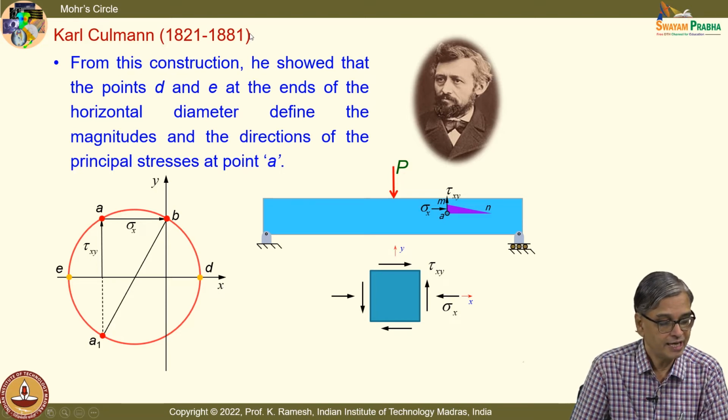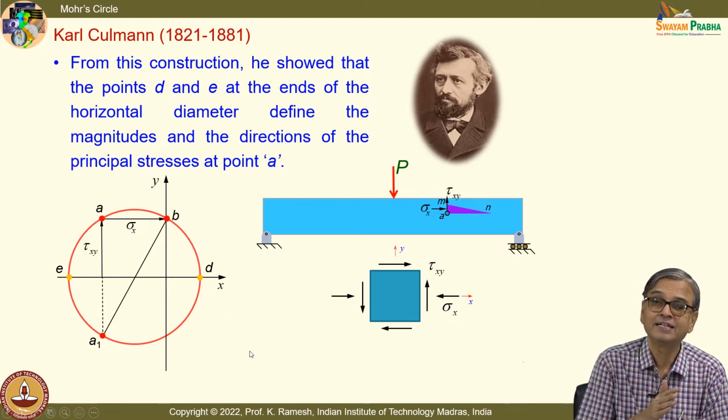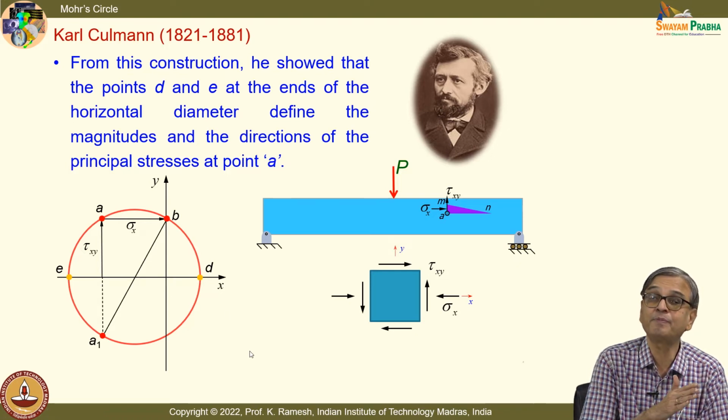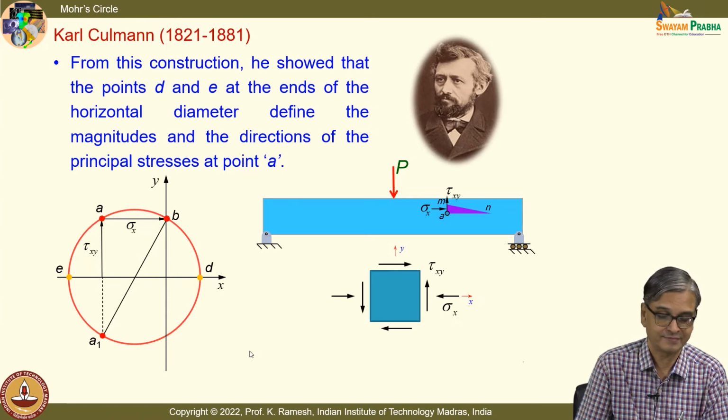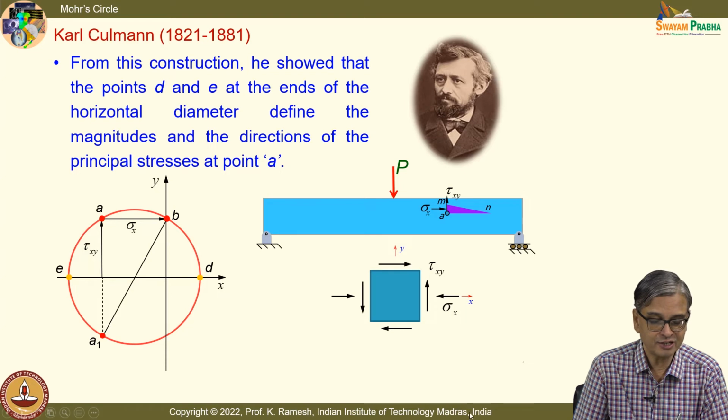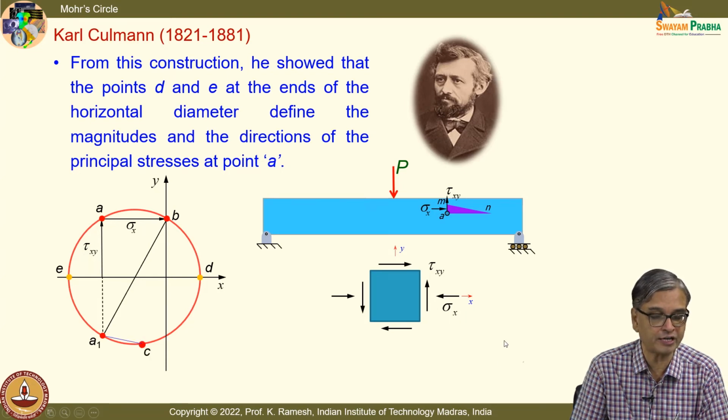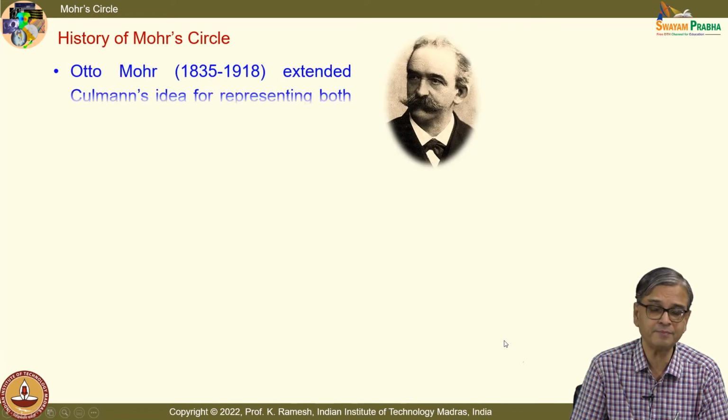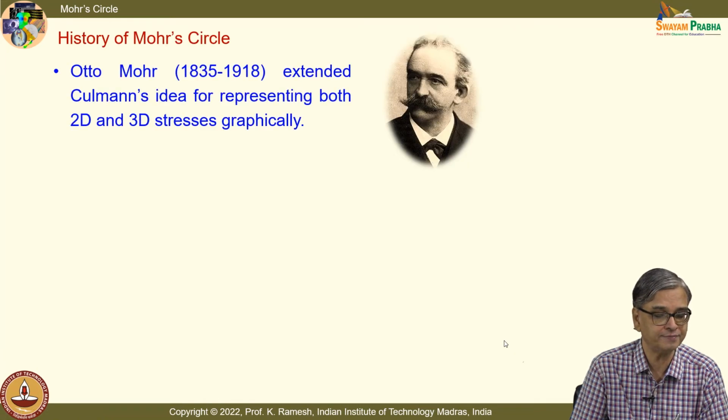Okay. And he also identified that there could be two planes where the stresses are completely normal. So, he also had an idea of what is the principal stress. Fine. And this was later developed by Otto Mohr, not only for the two-dimensional situation, but also for the three-dimensional situation.